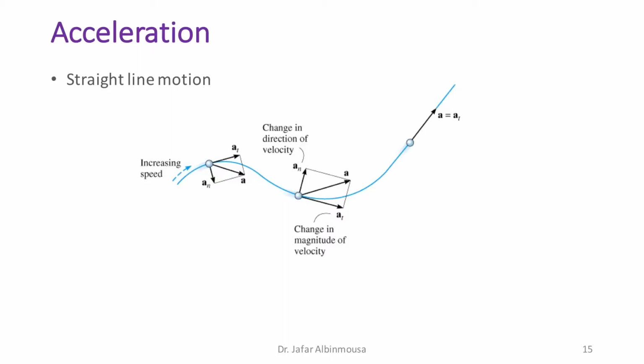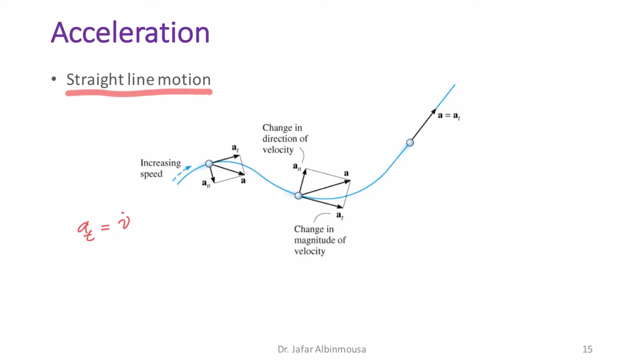If we have a straight line motion, then at, which is equal to v dot, is going to be greater than 0 if the velocity is changing with time.